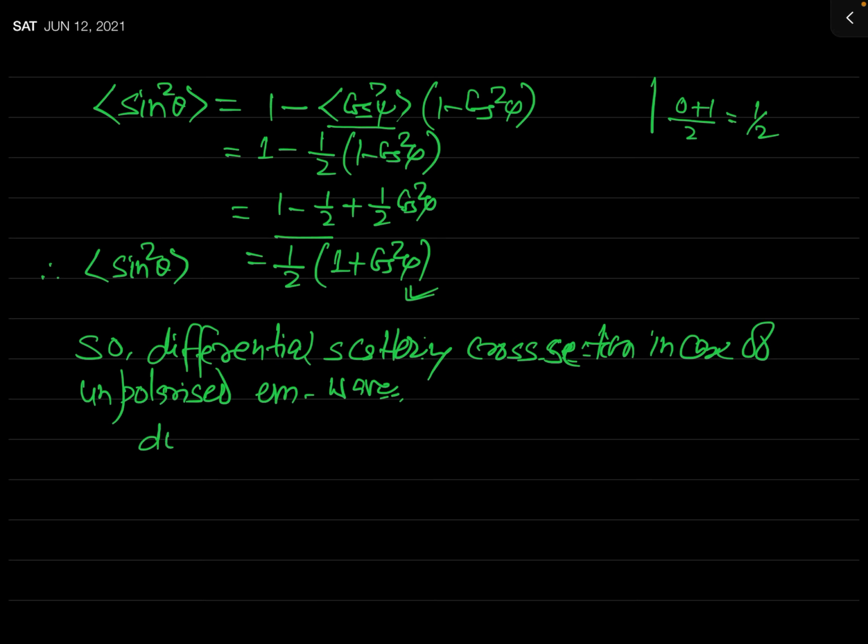I am writing again the symbol d sigma by d omega, but this is the differential scattering cross section in case of unpolarized EM wave.